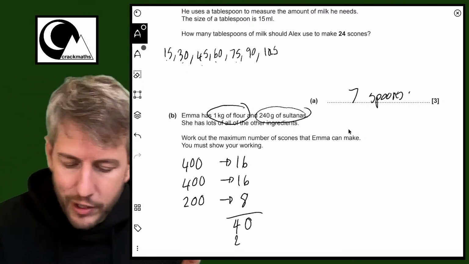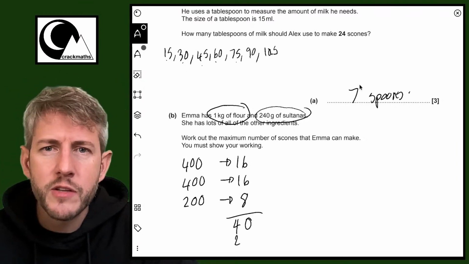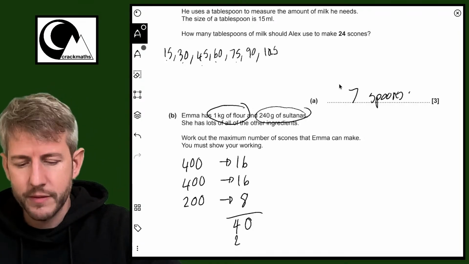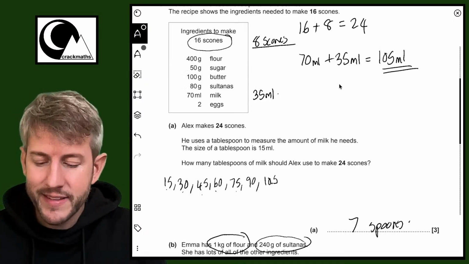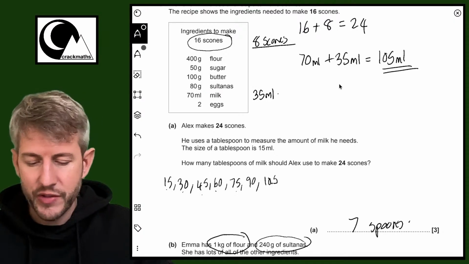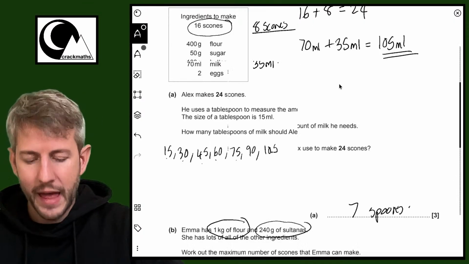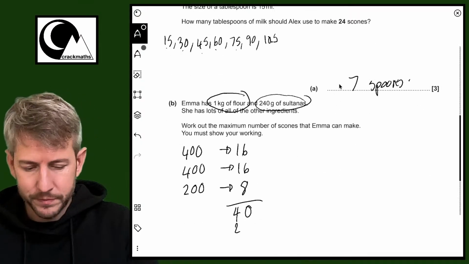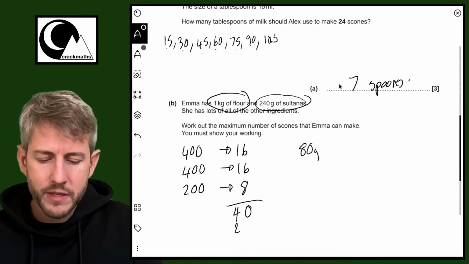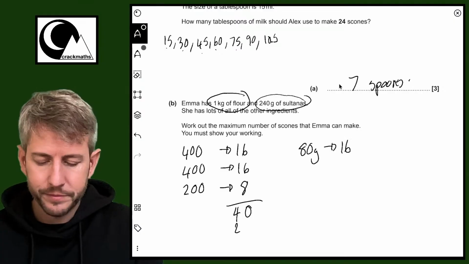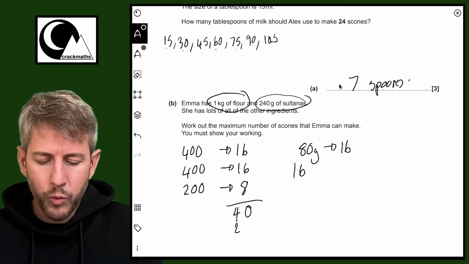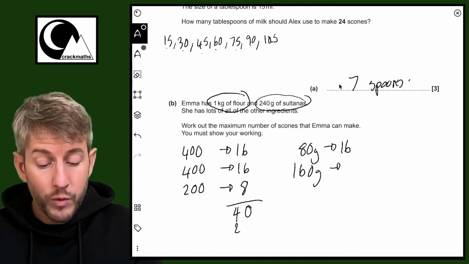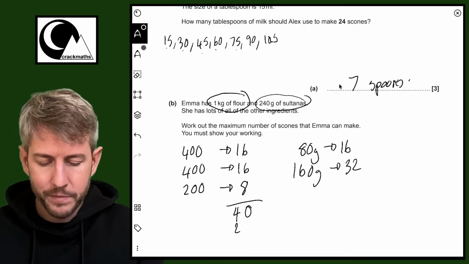Now let's have a look at the sultanas. So 240 grams of sultanas. She needs 80 grams of sultanas for each lot. So let's see how many lots of sultanas she's got. 80 grams gives 16. Another 80 grams, well, I'm going to count up here. So 160 grams would take us to 32.